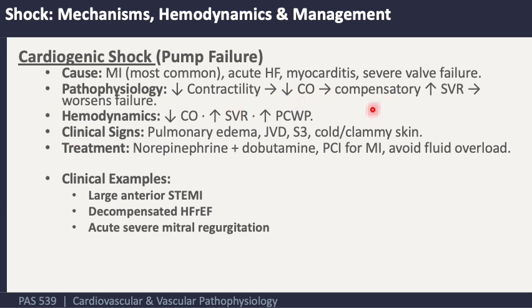You'll have a compensatory increase in the systemic vascular resistance, which worsens the failure. So the hemodynamics: you have a decreased cardiac output, increased SVR, and increased PCWP if you're monitoring in the unit.